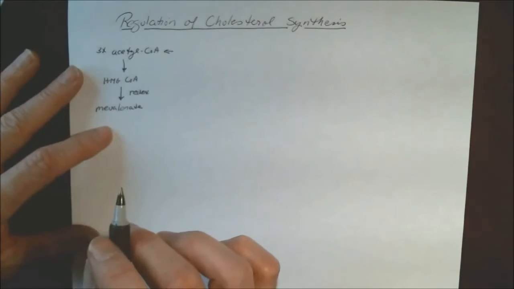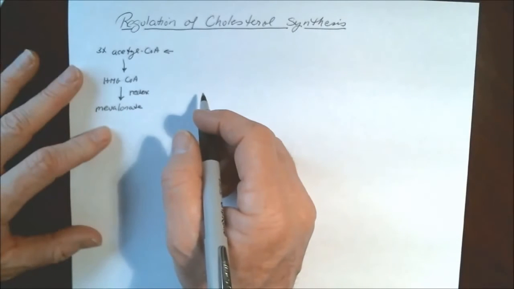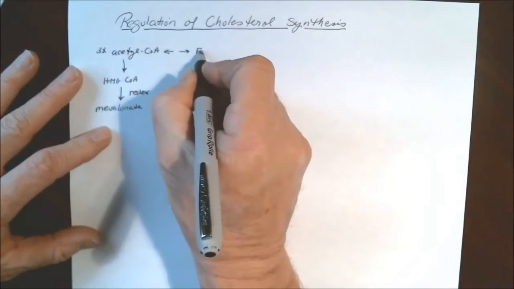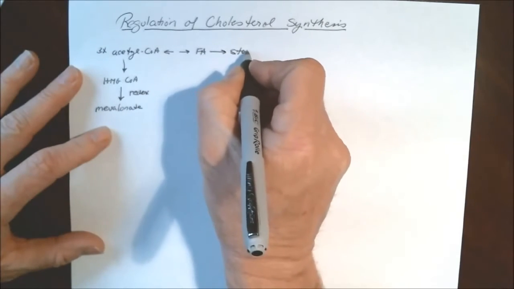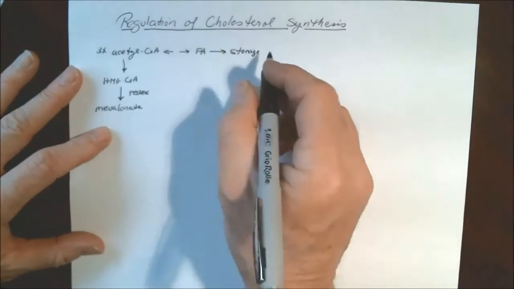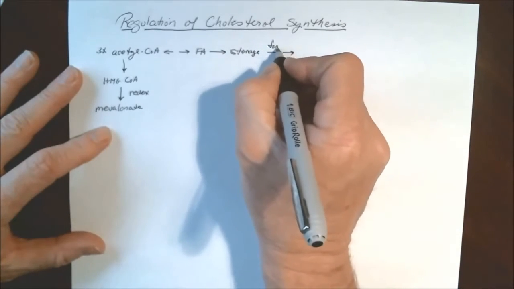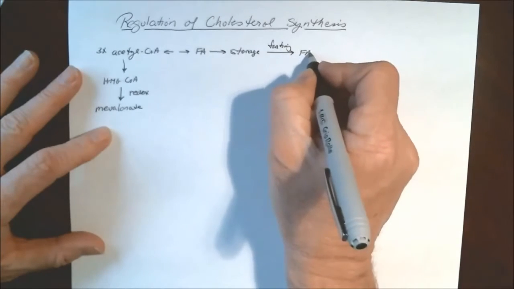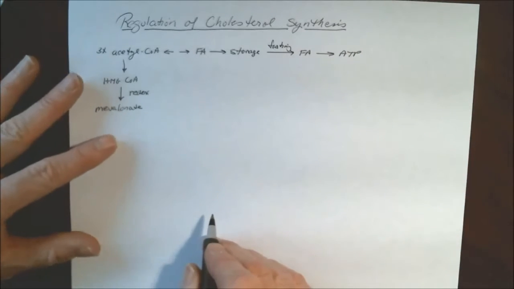Now, the problem with cholesterol is a little different than the problems with fatty acids. When we construct fatty acids from our acetyl-CoA, the fatty acids go into storage. And then from storage, when we enter a fasting state, these fatty acids are now released and used for energy production.